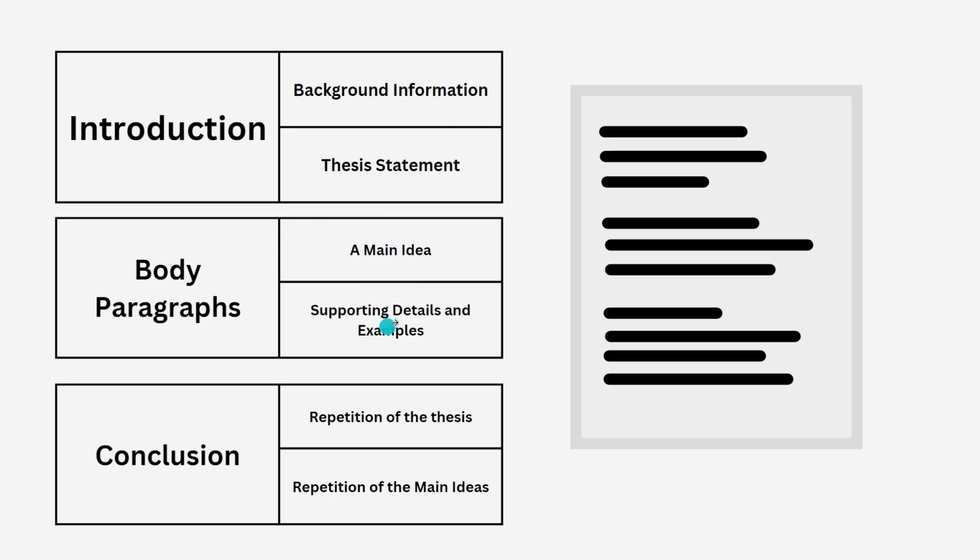And you do the same thing in all of the body paragraphs. At the end of your essay, it's the conclusion where you repeat the thesis and you repeat the main ideas. And here you're going to try to paraphrase a little bit. Don't use the exact same words when you repeat your thesis. Change it up a little bit to show off your mastery of the English language and vocabulary.